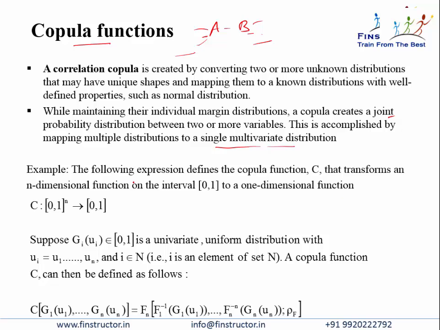So the following expression defines the copula function that transforms an n-dimensional function on the interval 0 to 1, that is, to a one-dimensional function. C on [0,1]^n is being transformed, that is, a conversion function converts this n-dimensional function that is in the range of 0 to 1 to a one-dimensional function.